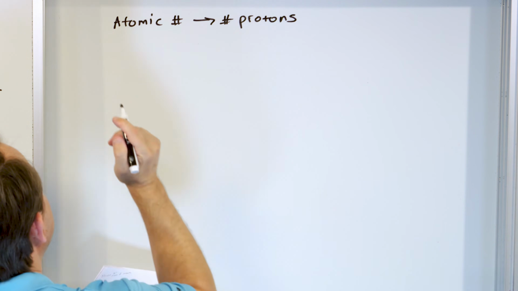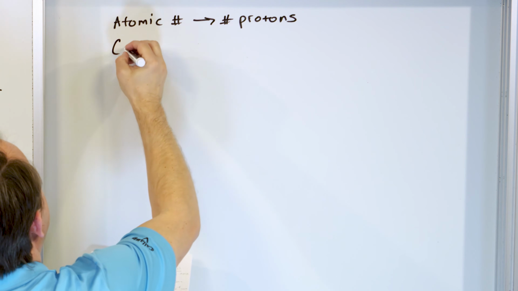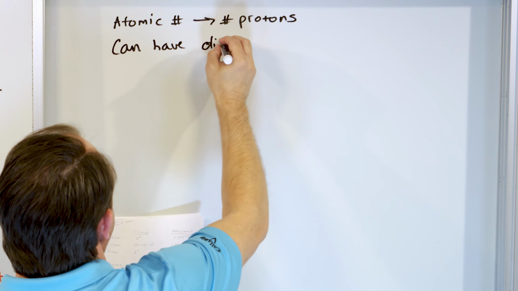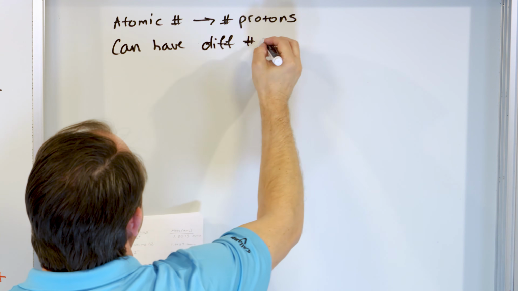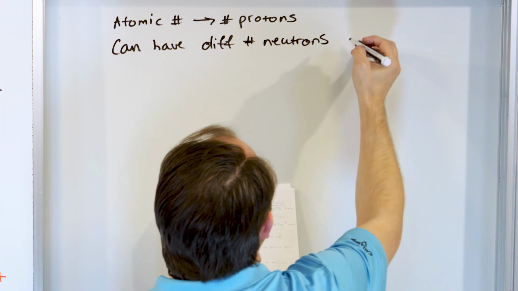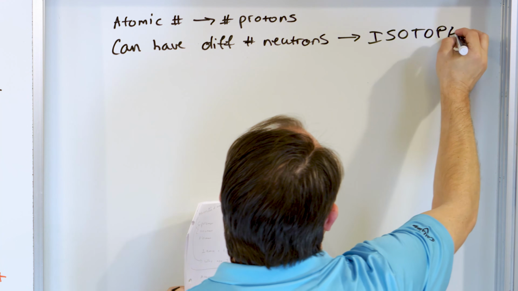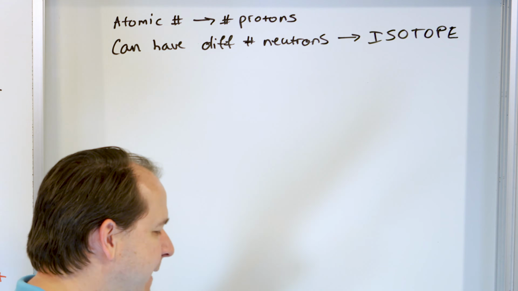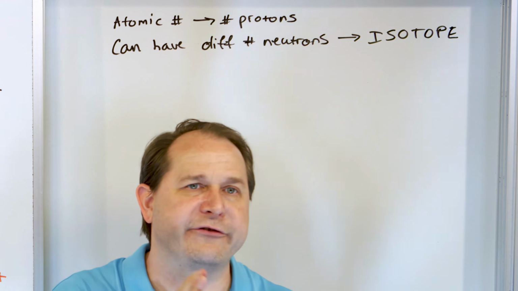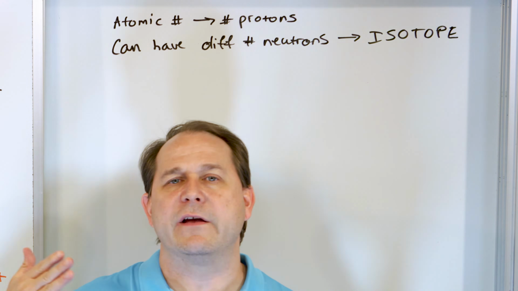Now, you also have neutrons in the nucleus. One thing I need to point out is you can have a different number of neutrons and still have the same element, and this is called an isotope. This is going to be very clear because I'm going to give you a concrete example in a second. Basically, carbon has a certain number of protons, oxygen has a certain number of protons, sulfur has a certain number of protons.